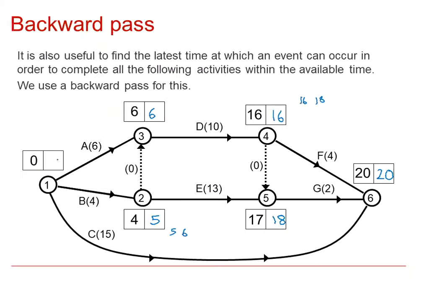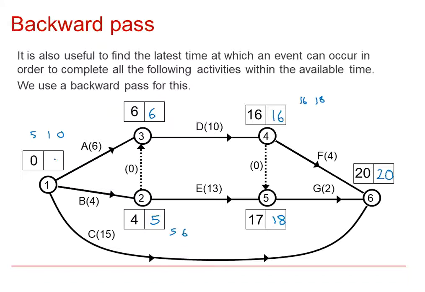And just checking the start node, so this node at the beginning, don't just put 0 in out of habit, do check it. This is the event that I have enough time to do A, B and C. So the latest I could start A is 6, take away its duration 6, which is 0. The latest I could start B is it could finish at 5, take away its duration, which is 1. And the latest I could start C is 20, take away 15 is 5.